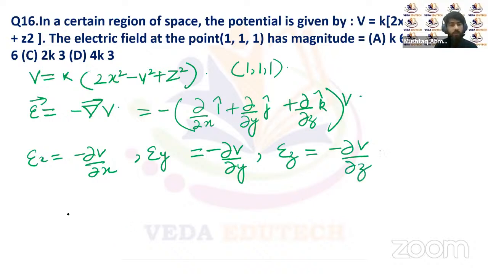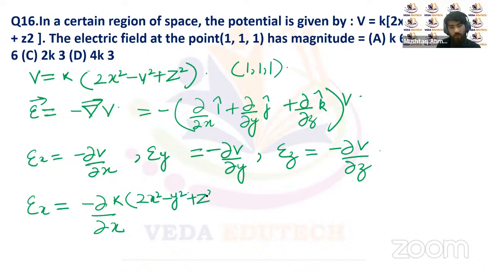Now substituting the value of the potential in this equation, minus del upon del x of V is equal to minus del upon del x of k times (2x square minus y square plus z square). Taking the derivative, it will be minus 4k into x.